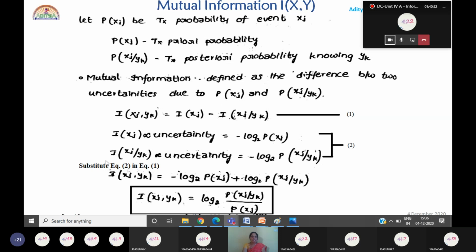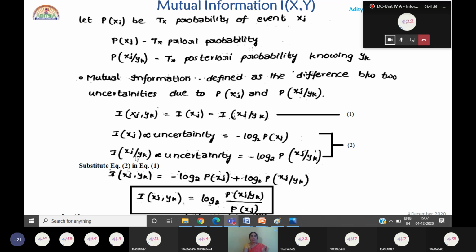Now in the same manner, I of xj by yk is the transmitter posteriori information. What is the point that you should remember here? Uncertainty is proportional to the information, or information is proportional to uncertainty, and it is inversely proportional to the probability.